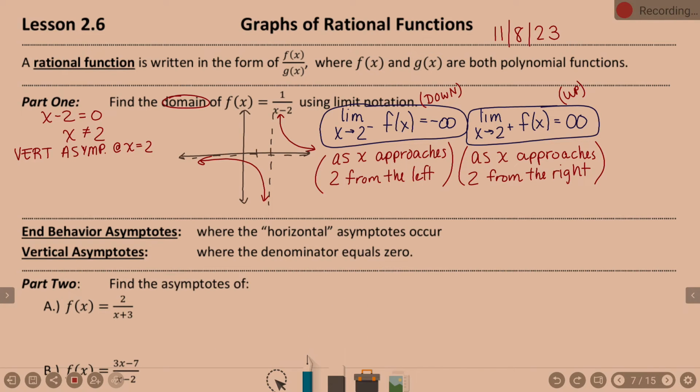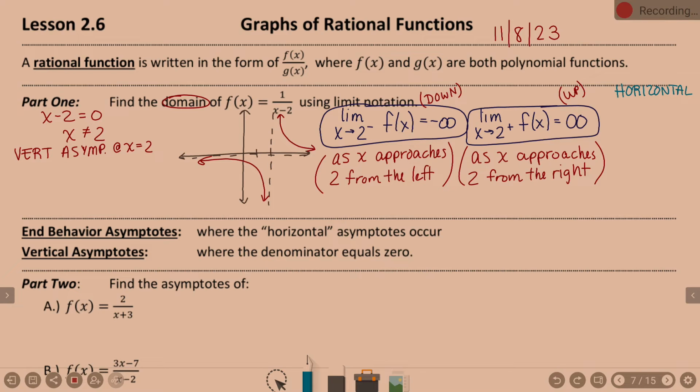Not mentioned in this problem, but I just want to talk about it. This was more vertical asymptotes, right? What do we have in the way of a horizontal asymptote? We already mentioned we have a horizontal asymptote at 0, right?